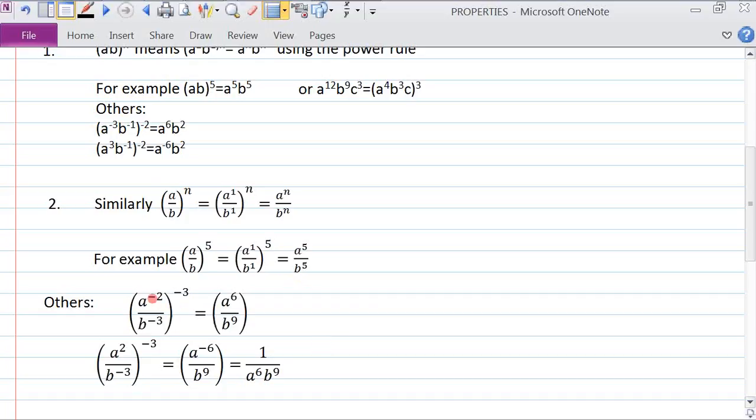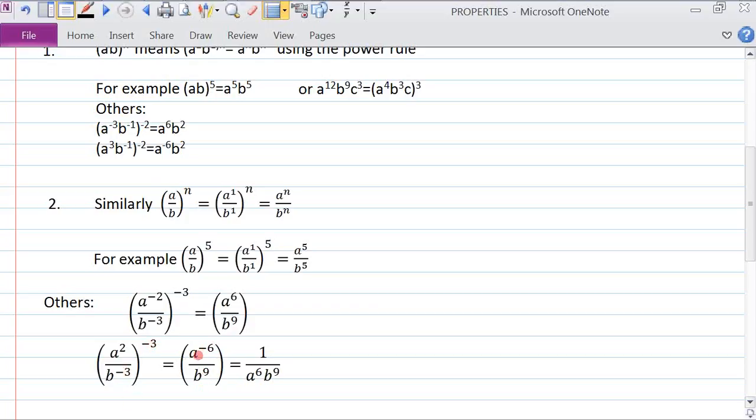If I multiply minus 2 times minus 3, I get plus 6. If I multiply minus 3 by minus 3, I get b to the 9. Over here, 2 times minus 3 gives me minus 6. Minus 3 times minus 3 is b to the 9.